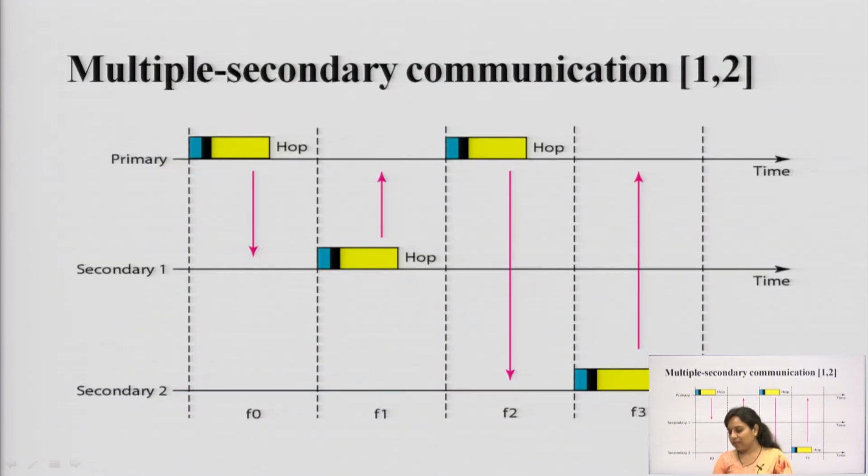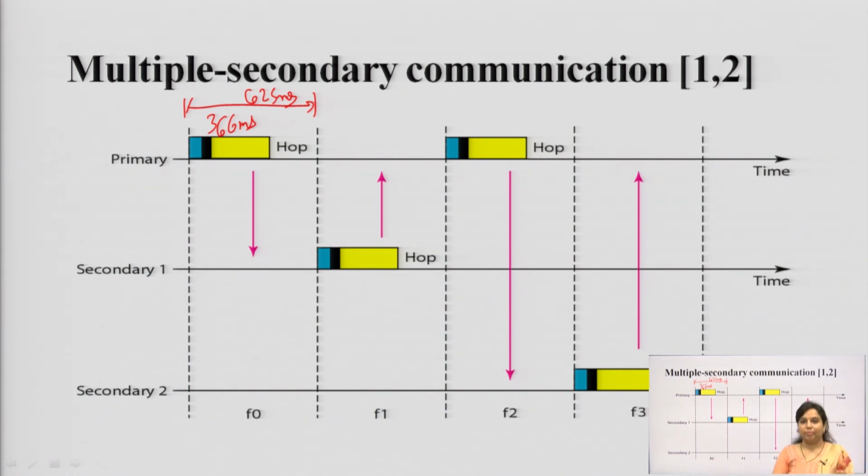Now, next if you can see in this diagram, that is the multiple secondary communication, which is a variation of single secondary communication. Let us take an example again, this is 366 millisecond and this has increased to 625 millisecond over here. So, this is the case where there is one primary and more than one secondary computers connected.